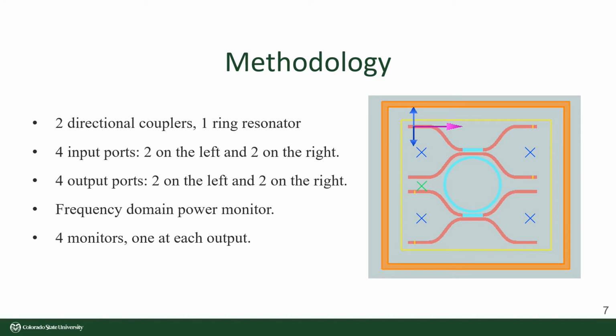We have also used a frequency domain power monitor, which will show us the profile of the whole design for different simulations. And also we have 4 monitors, each one placed at the output ports to extract the results.